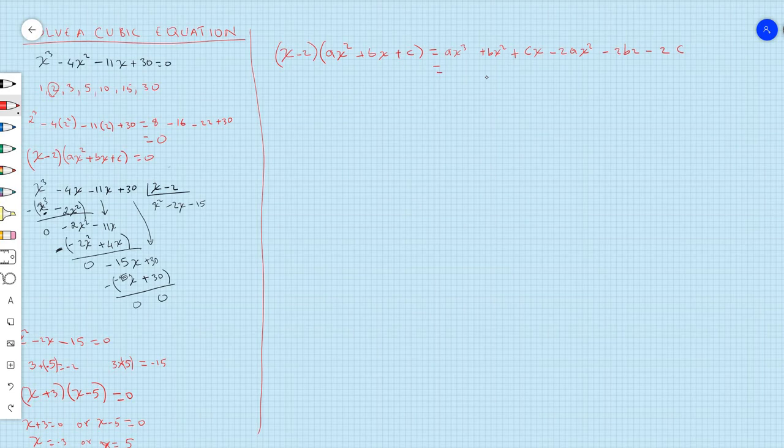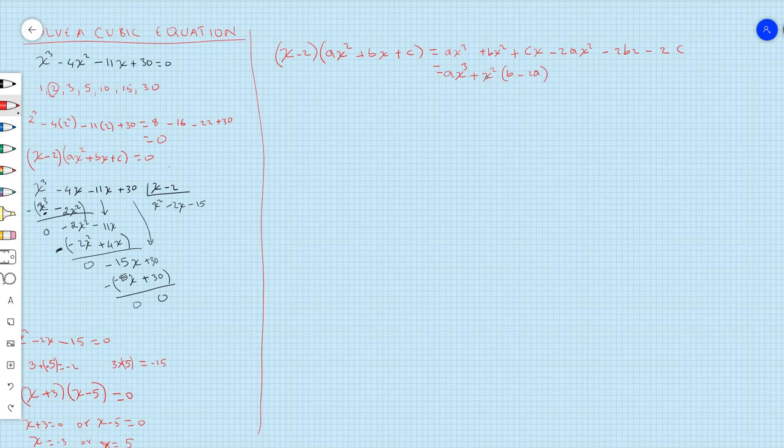So if we reduce that, we'll have ax cubed. Put every like terms together, right? So we have bx squared and -2ax squared. We'll factor out the x squared. That will be b minus 2a.